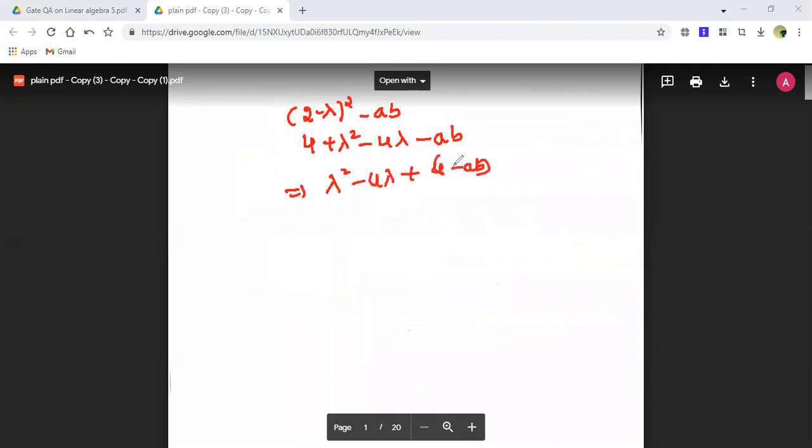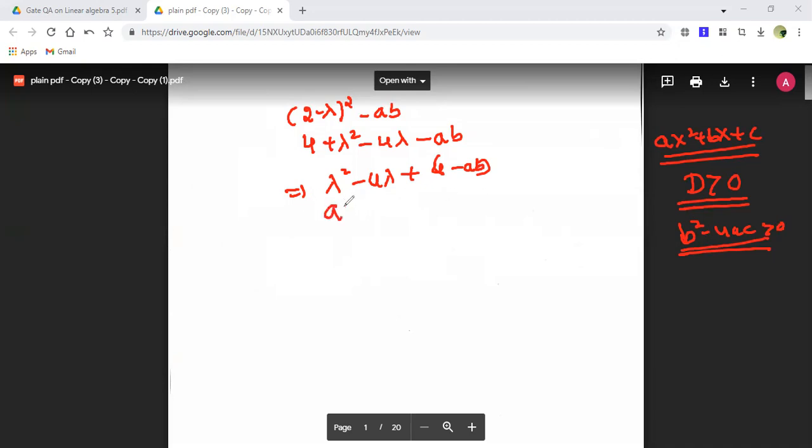It is a quadratic equation, and if you remember, for an equation of the form ax square plus bx plus c, the discriminant D, meaning b square minus 4ac, if it is greater than 0, then we say that the roots are real as well as distinct. We are going to apply this concept here.